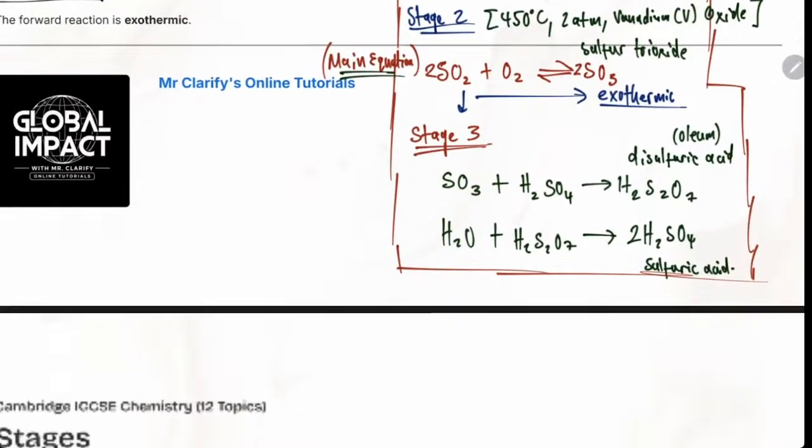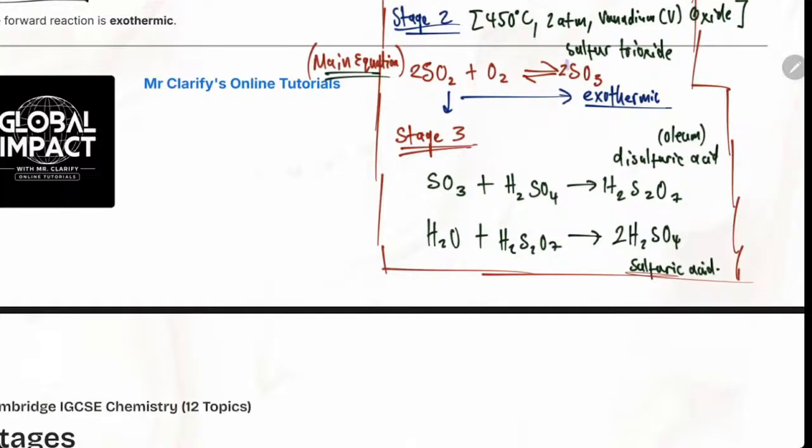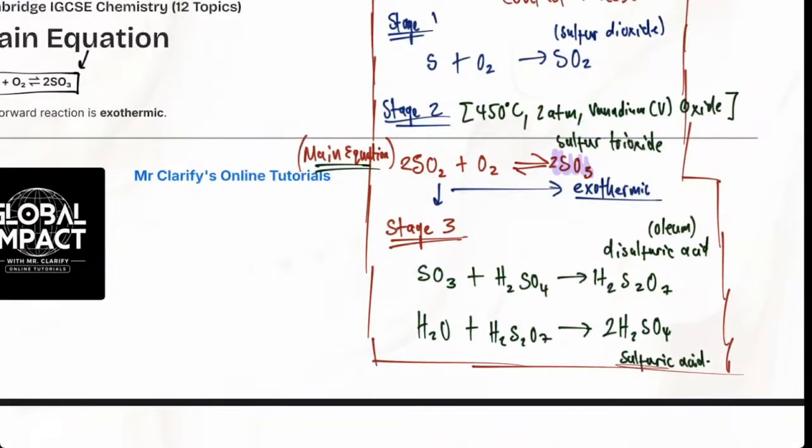In this main equation, we produce sulfur trioxide. This is going to be the main product of our main equation. Now, let me say it like this.